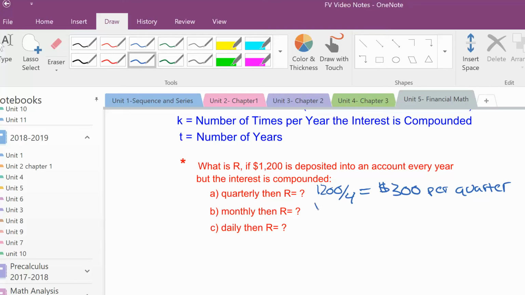Or if it's monthly, I'll take the $1,200 and divide it by 12, so I put in $100 per month. And if it's daily, I'll take the $1,200 and divide by 365, and it's $3.29 per day.